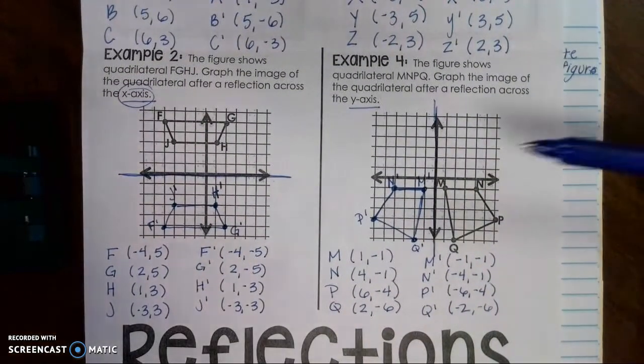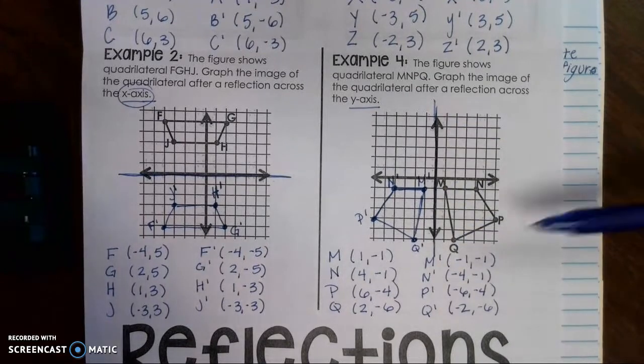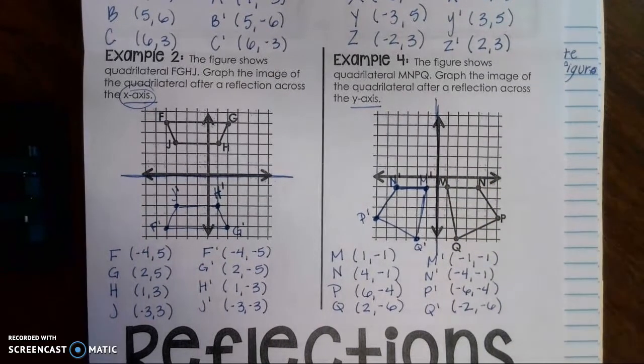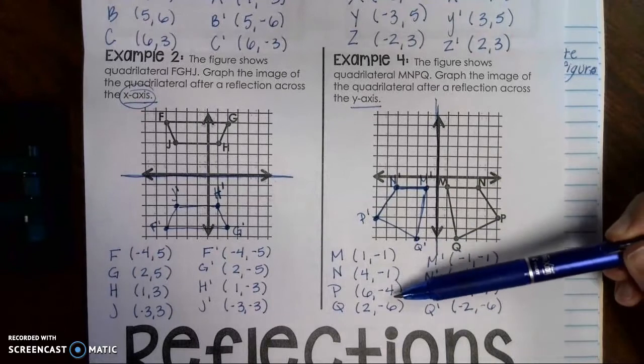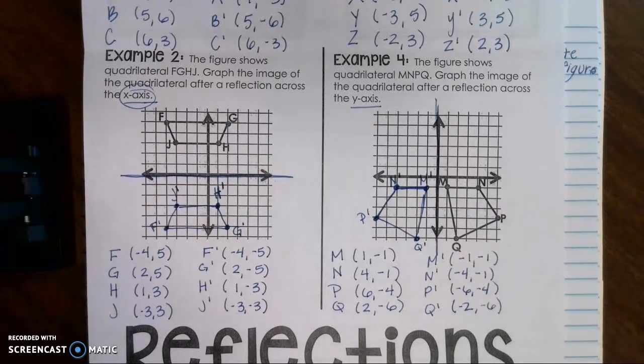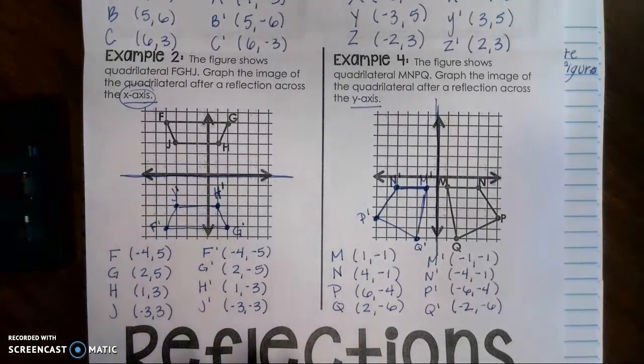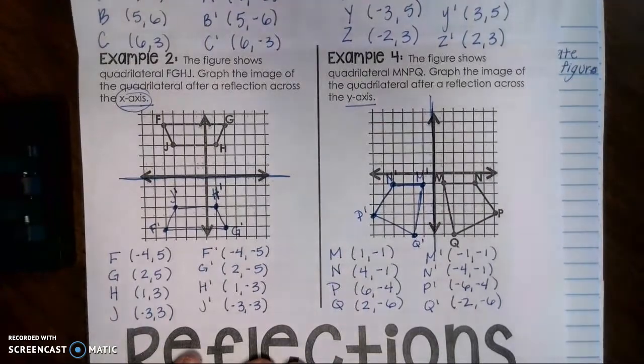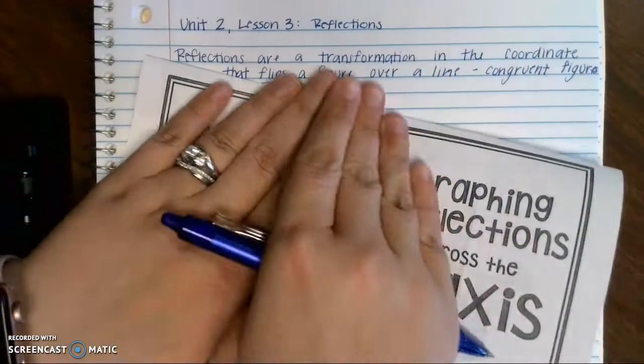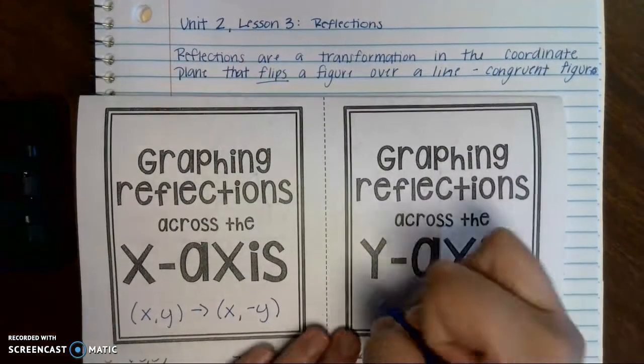So again, when I flip across my y-axis, every single y-coordinate stayed the exact same. The only thing that changed was my x-coordinate, which changed to the opposite. If it started as a positive, it changed to a negative. Started as a negative, it changed to a positive. So we're going to add that to the front.